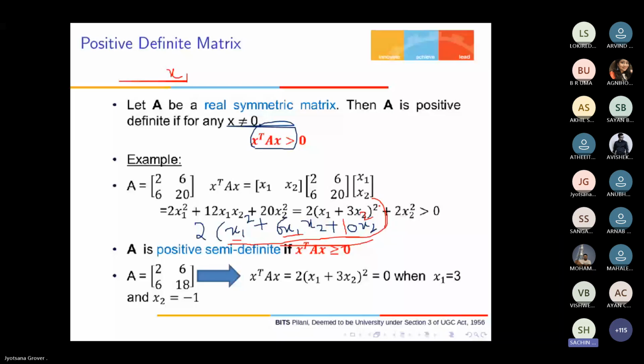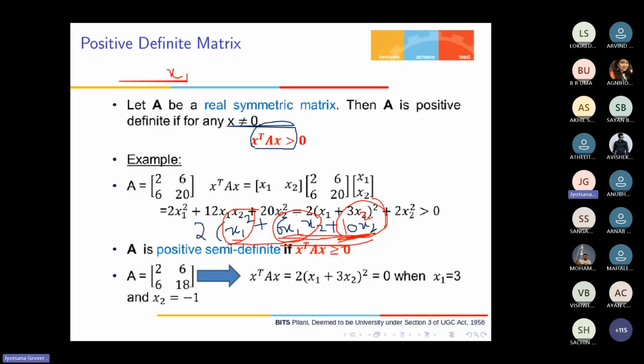We have to split 10x2 square into 9x2 square plus 1x2 square. Very much correct, good observation. The formula is a plus b whole square equals a square plus b square plus 2ab. This is your a square, and this is your 2ab, so 2 into 3 into x1, x2. So b is basically 3x2, so here you should have 3x2 square.